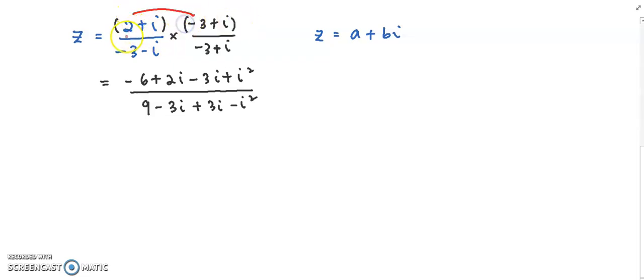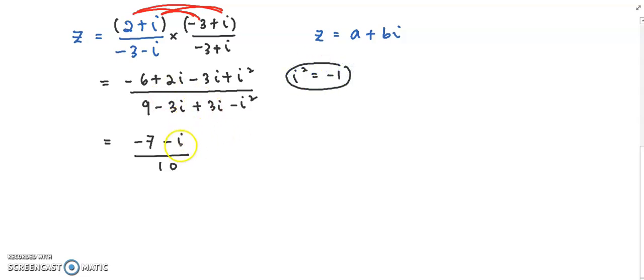After we expand, we expand in this way: 2 multiplied by negative 3, 2 multiplied by i, and then i multiplied by negative 3, and i multiplied by i, you get i squared over here. The same thing goes with the denominator, you will get this. Then after we have simplified, we have written i squared as negative 1.